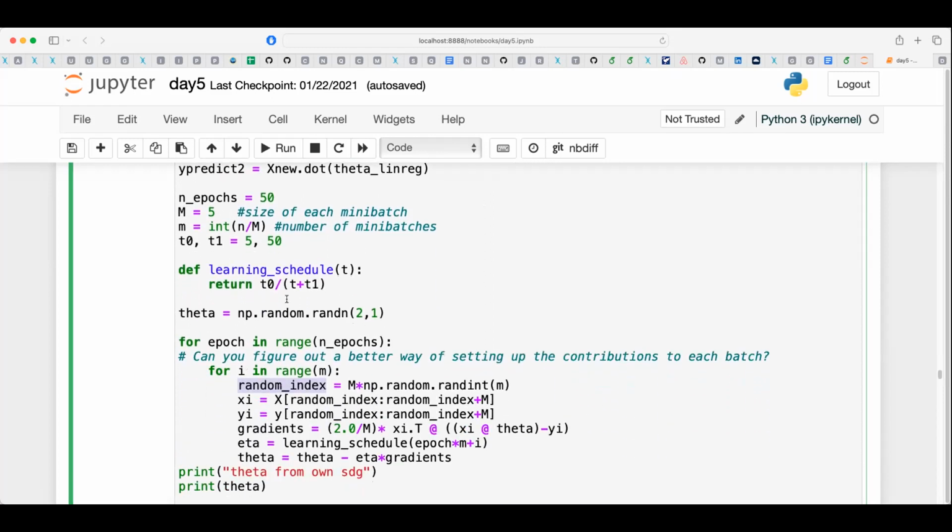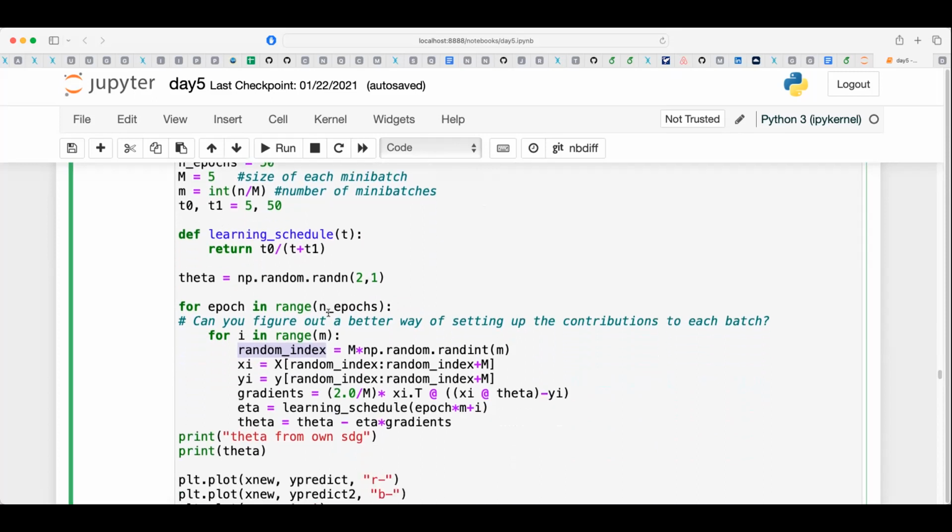And then here I have a simple update of the learning rate. So there is no AdaGrad, there is no root mean square propagation, just a simple update. And now I place myself randomly. I find the random index. And you see now that I calculate the gradient for these random starting value and random final value.